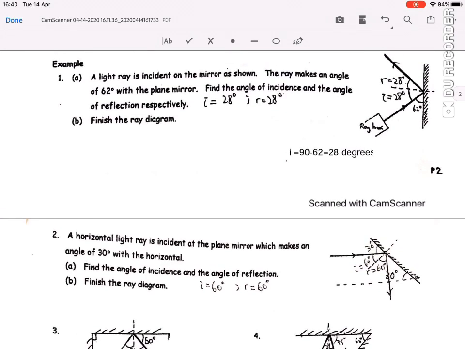So from that, you got I is equal to 28 degrees, and then from that, you need to measure another 28 degrees to the top, and that we'll call R. And that's how we're going to get the first part A. We got the I, and the R here is also equal to 28.